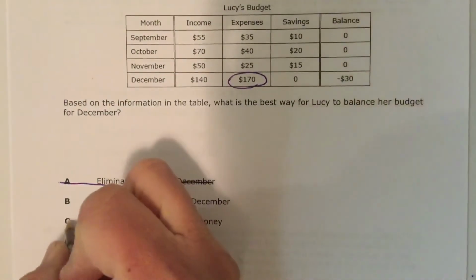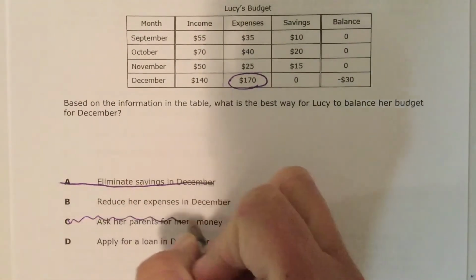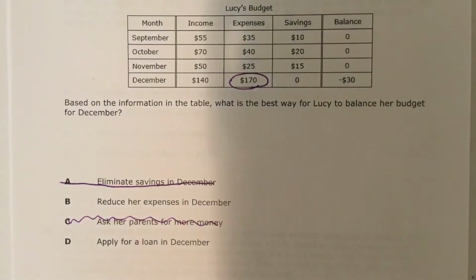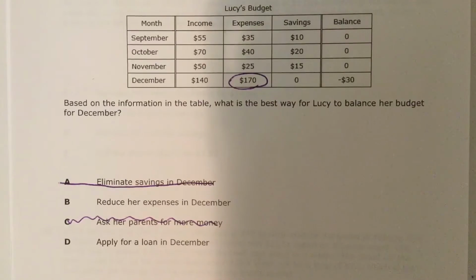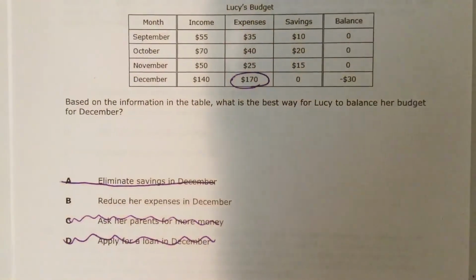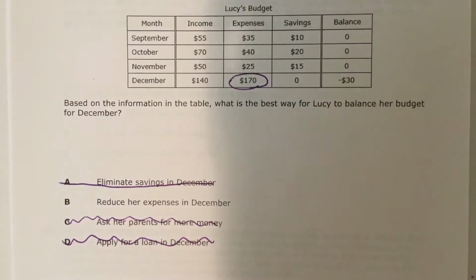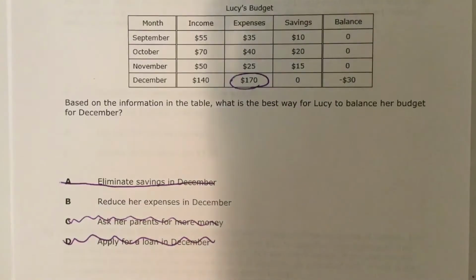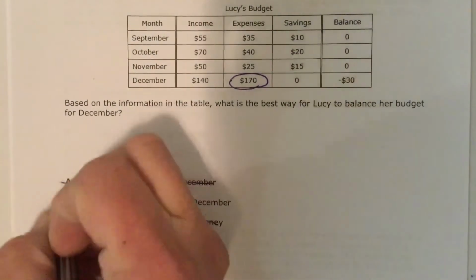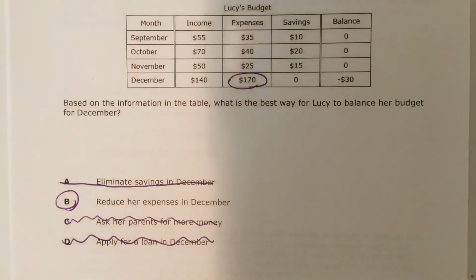Okay, anytime that is an option, that is a no. That is not something the state expects you to see. They don't want to see you say, ask your parents. Okay, D, apply for a loan in December. Also a no. Okay, anytime you can reduce your expenses, you're going to reduce your expenses or eliminate entertainment. So in this one, we're going to reduce her expenses in December.